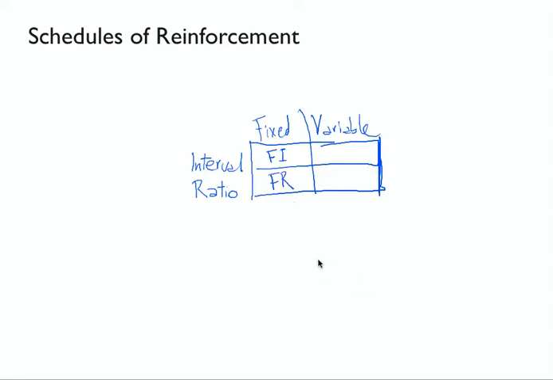Familiarize yourself with these acronyms. They're going to come in handy when we start discussing schedules of reinforcement in class. FI and FR stand for fixed interval, fixed ratio. So in my example, for instance, of the water boiling, usually water takes a fixed amount of time to boil at a particular temperature.